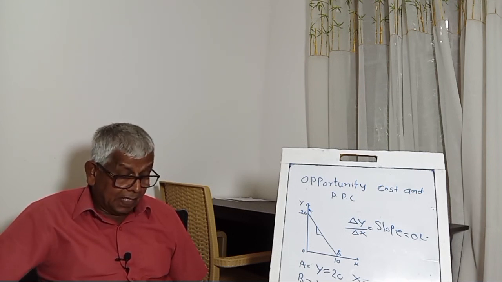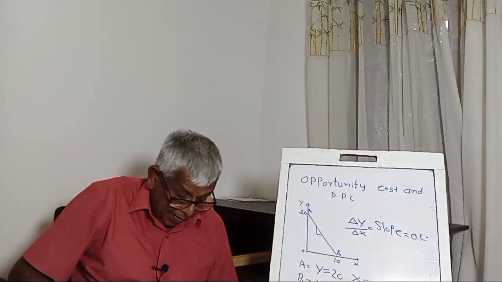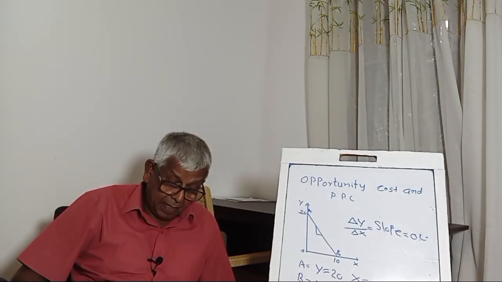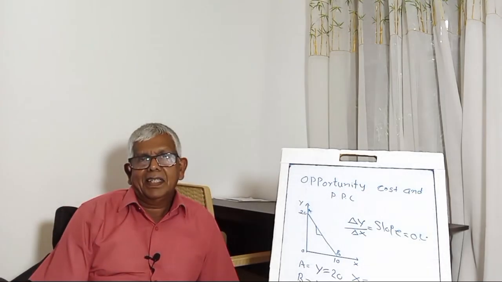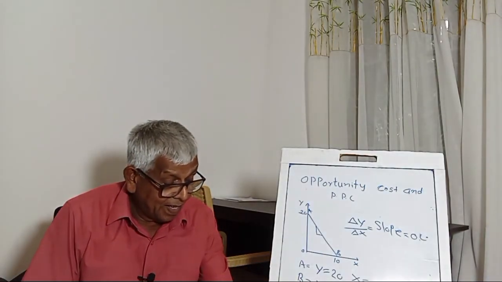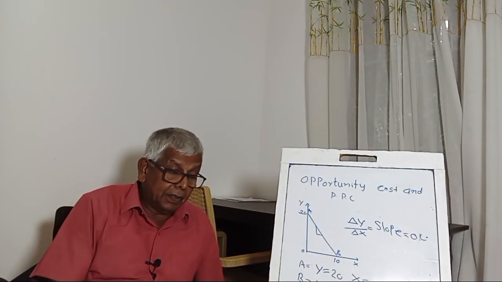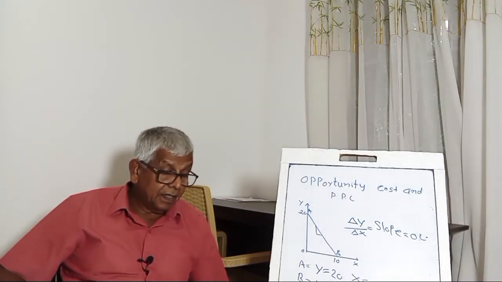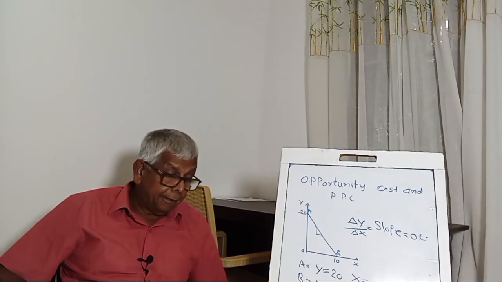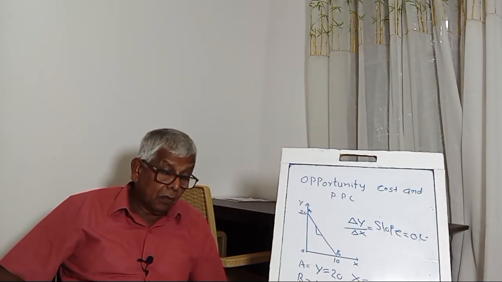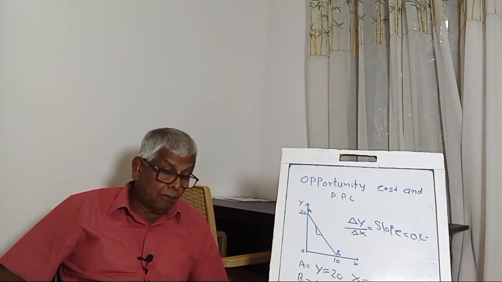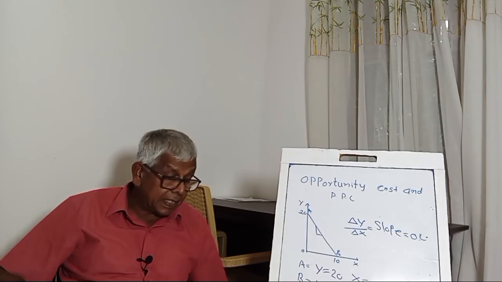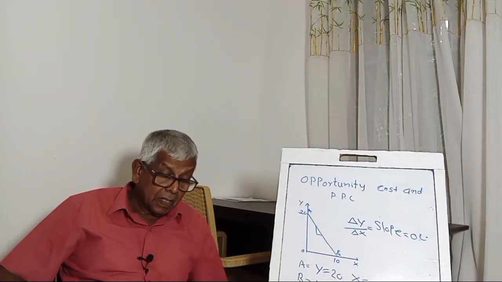The reduction in the output of X will be more than the increase in the output of Y. When we compare both instances, it should be clear that the opportunity cost of producing 1 unit of Y in terms of X is lower at the beginning and increases subsequently.